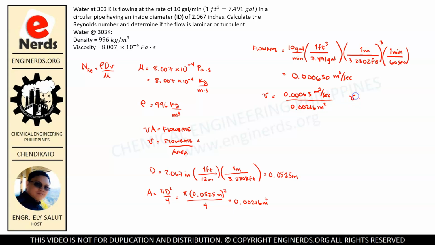So finally, doing this calculation, we will get our velocity as 0.29167 meter per second.